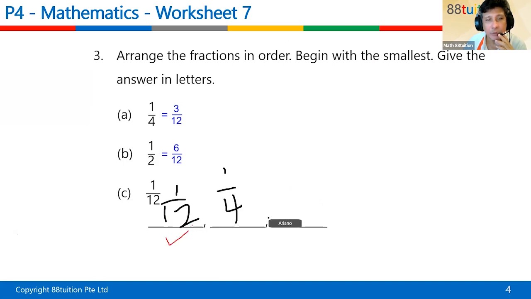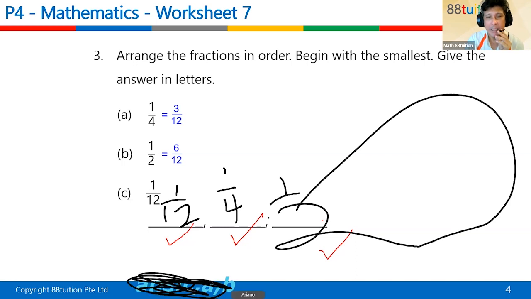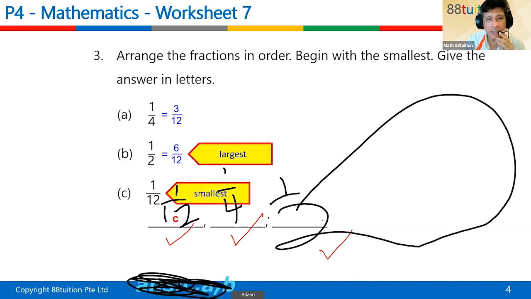So 1 out of 12 is the smallest. Okay, 1/4, which is 3 out of 12, is next. Yes, and then half, which is the biggest. Okay, well done. Now we just need to put the letters in. So your answer should be C, A, and B.